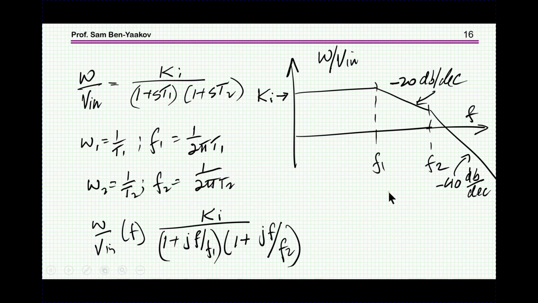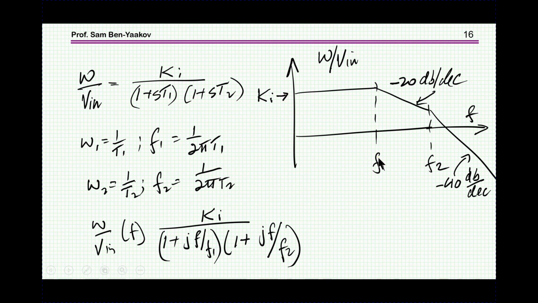So this is the block of the motor itself between V in and omega. V in produces the torque, which produces through the mass the speed. We have here two poles.